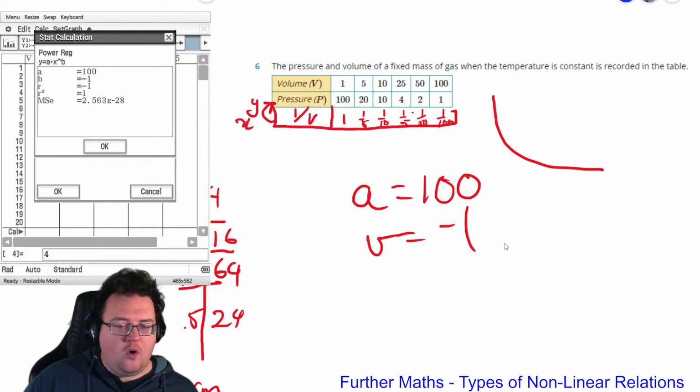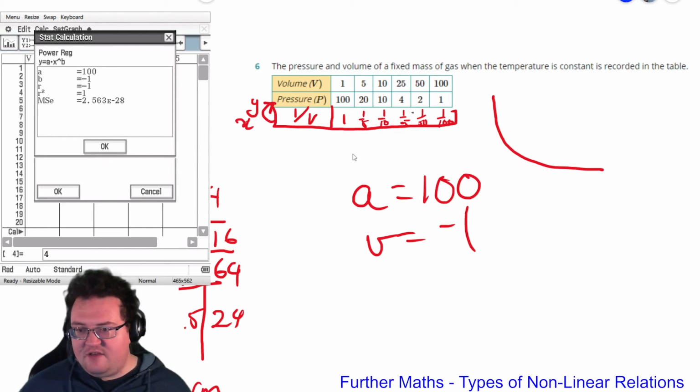If you guys remember all the way back to statistics, what does an R squared of 1 mean? It means it's a perfect fit. All right, so that means our model is perfect.